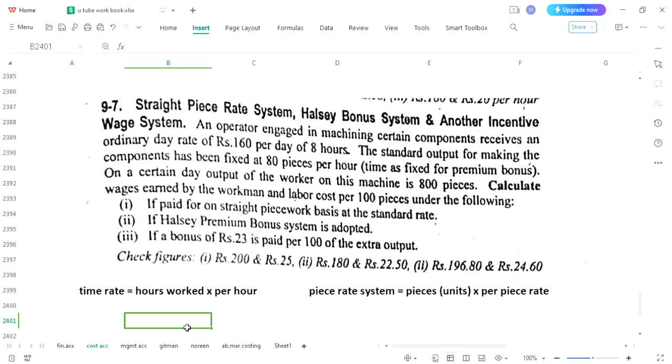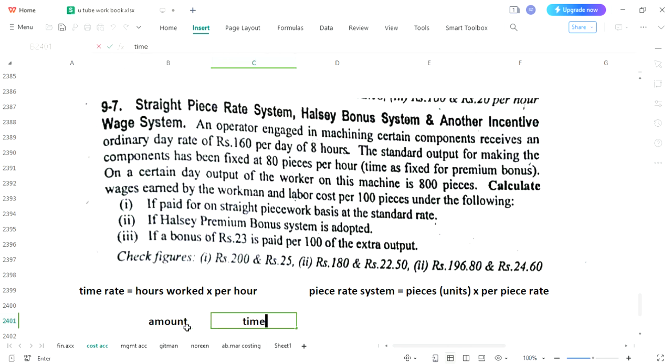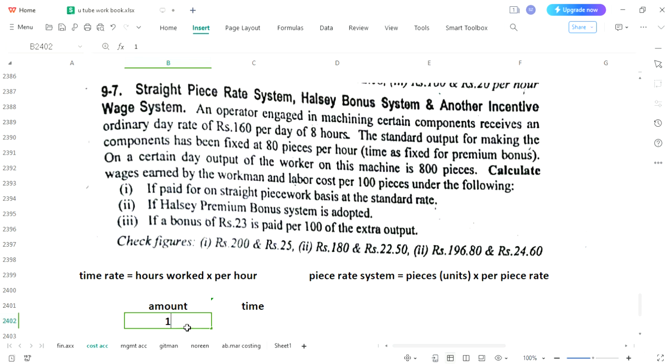Here the first standard we will be making is a relation between amount and the second factor, time. The worker is receiving 160 rupees, and for how many hours? For 8 hours.